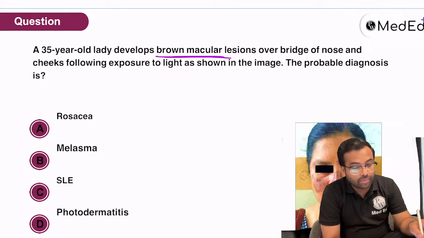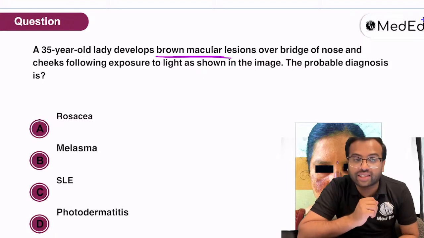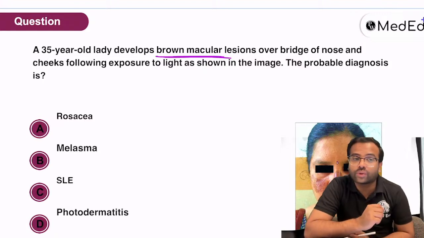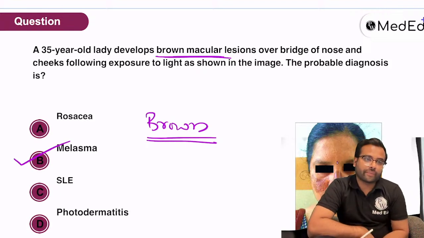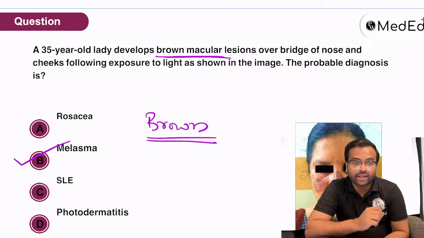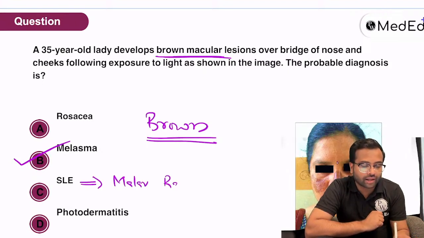Yes, so this can be seen. So again, there is a problem here. Some of you are answering it wrong as well. Whenever you find brown patches, always go for melasma, because whoever is answering C, that is SLE, in SLE, all of you have seen malar rash.